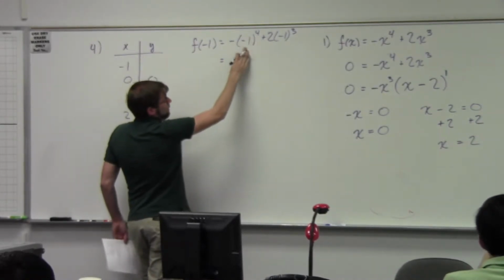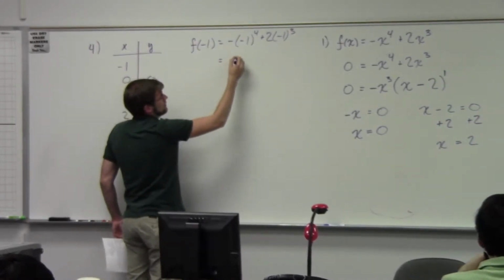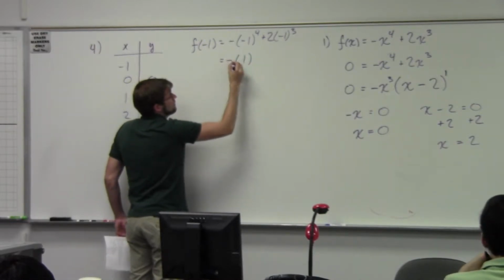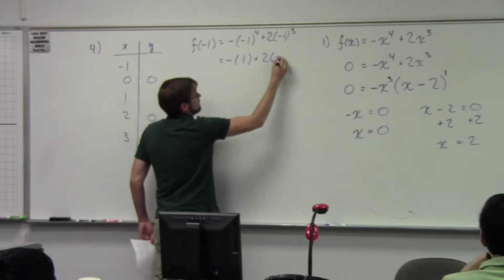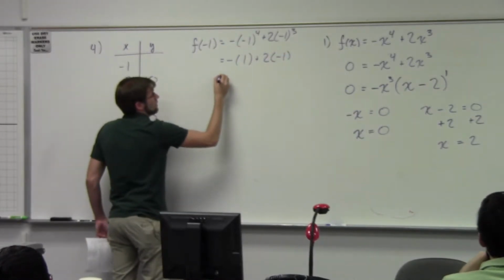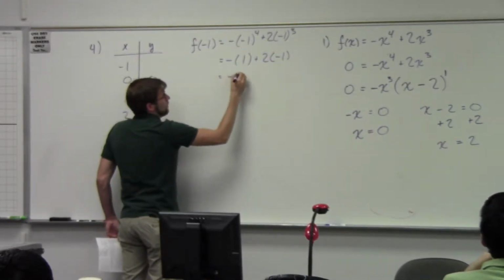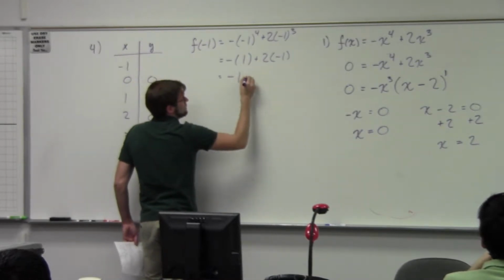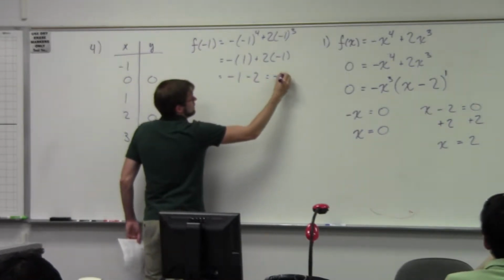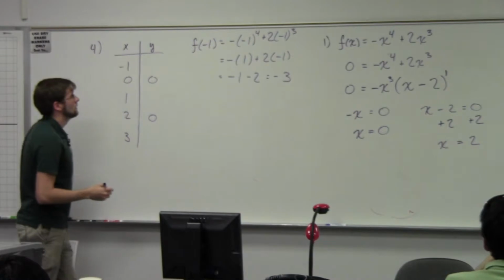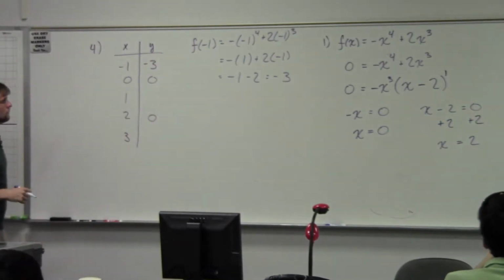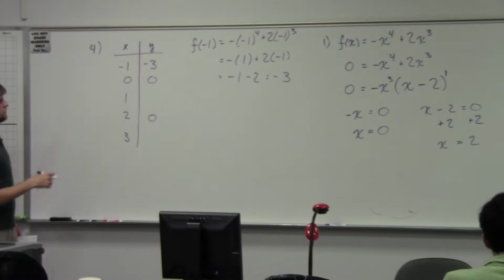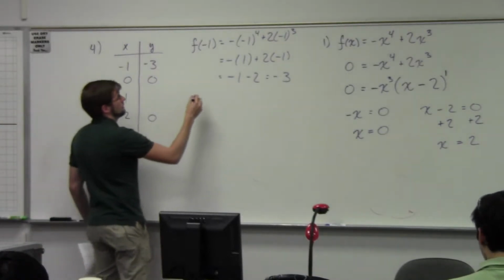So when it's an even power, what happens to -1? It becomes positive. And when it's odd, it stays negative. So this is still -1. And 2 times -1 is -2, which is -3. All right, cool. And let's do the same thing for 1 and 3.